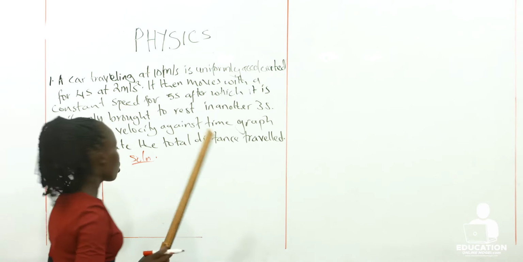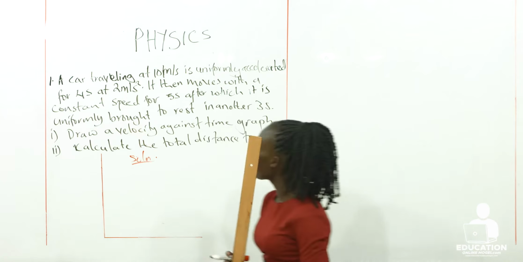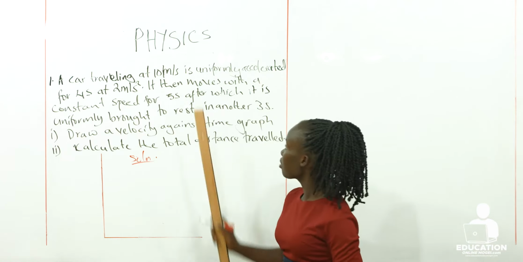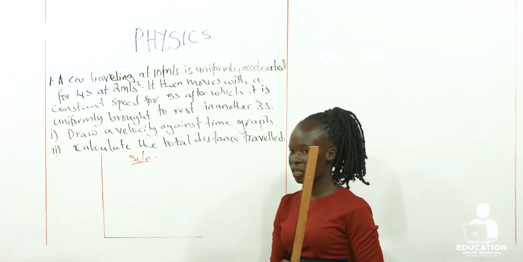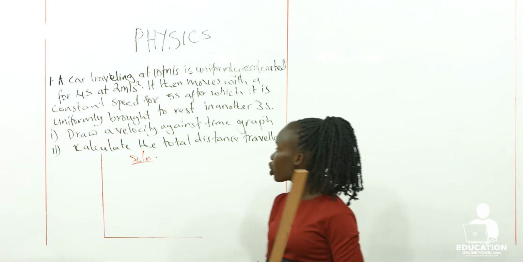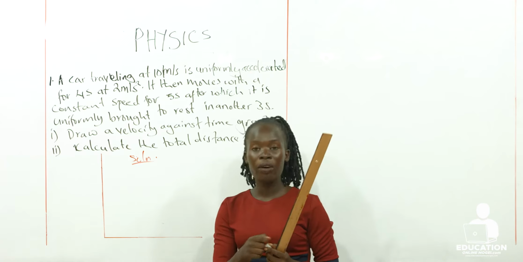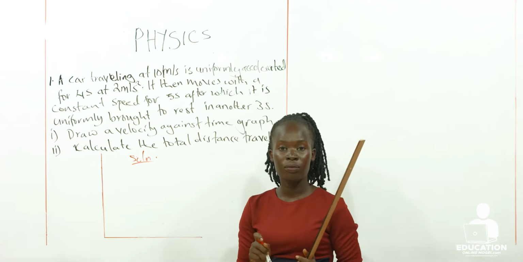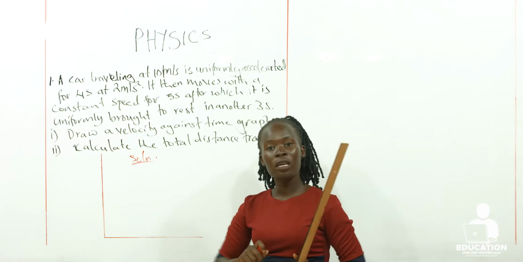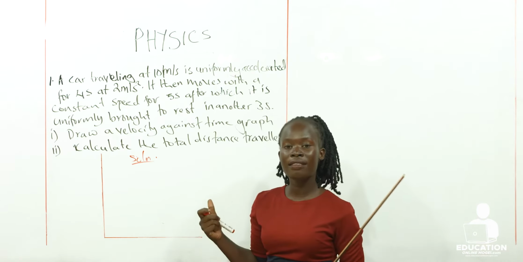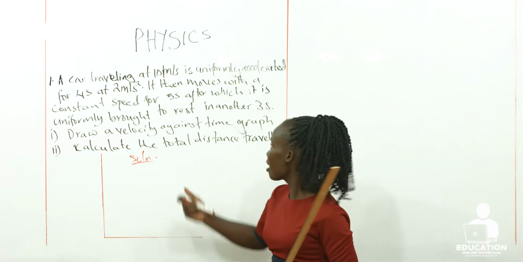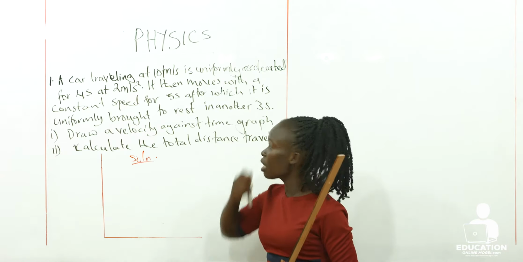They are saying that a car traveling at 10 meters per second is uniformly accelerated. So if you look at our question, our car wasn't starting from rest. The car was already moving with a given velocity, and in this case our given velocity was 10 meters per second.